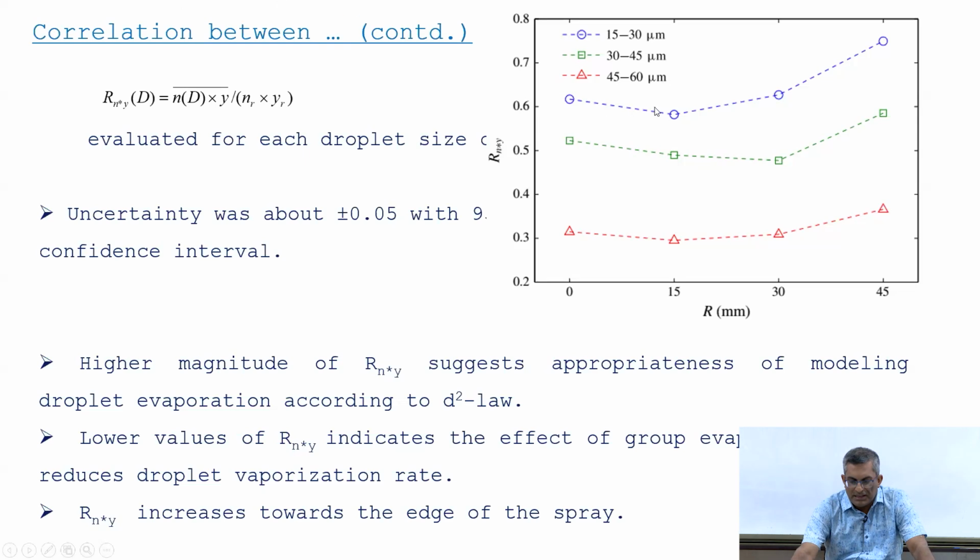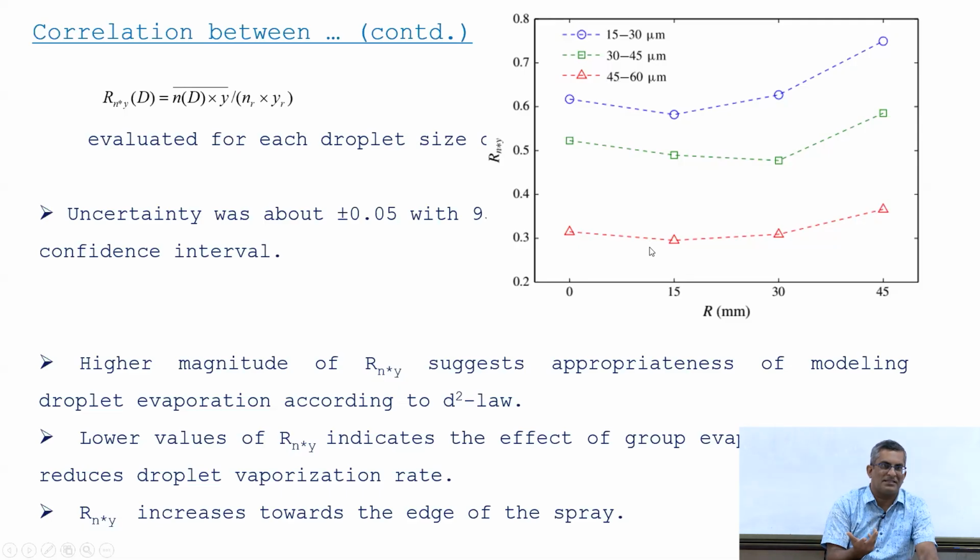And you see that this correlation is quite strong when we consider 15 to 30 micron droplets, or small droplets. But as you go on increasing the droplet size, or the higher the size class, the lower is this correlation. Now, what causes this?